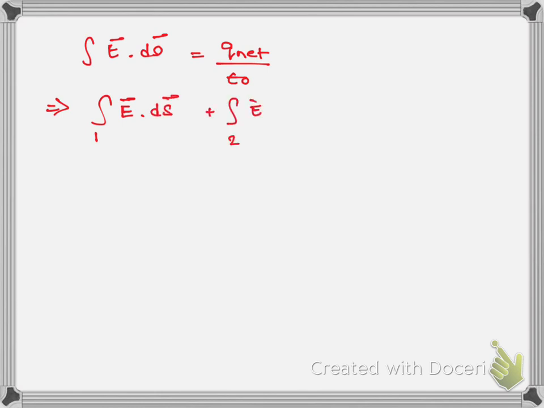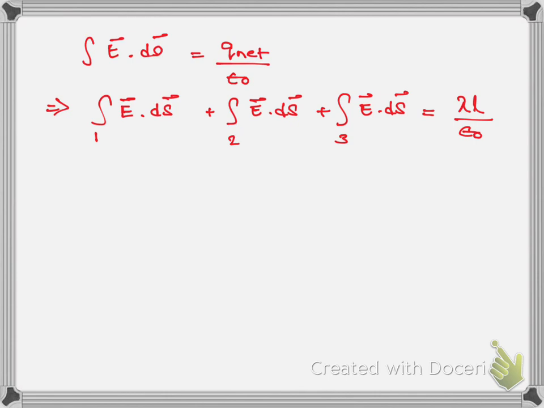Now the integral E dot ds is equal to Q net by epsilon naught. This integral I can divide into three parts for each of the three surfaces. That means for surface 1, which is your top circular part, for surface 2, which is your curved part, and for surface 3, which is the bottom circular part, and your Q net being lambda L by epsilon naught.